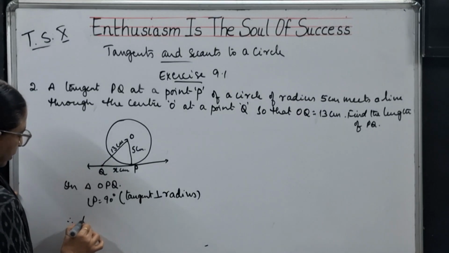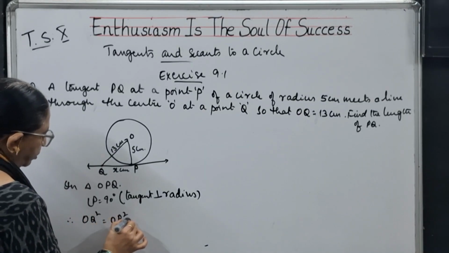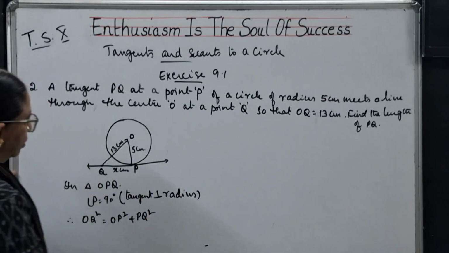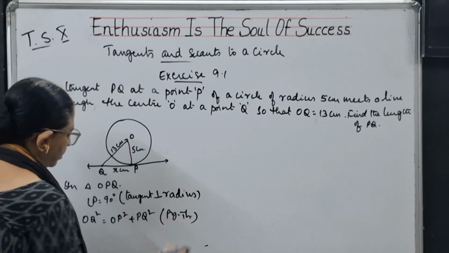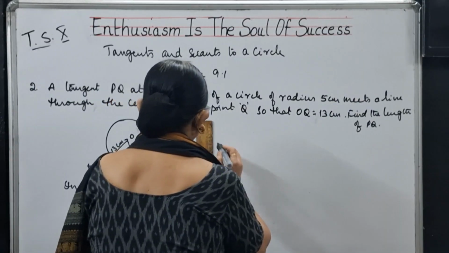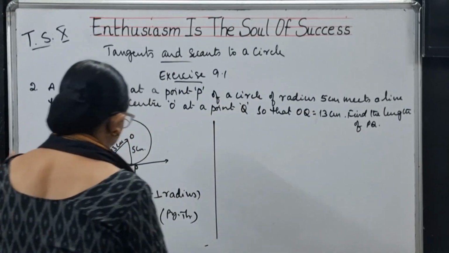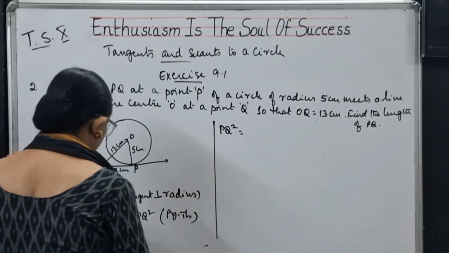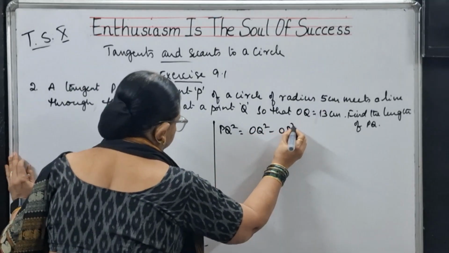Therefore, OQ square is equal to OP square plus PQ square, based on the Pythagorean theorem. We need PQ length. So PQ square will be equal to OQ square minus OP square.